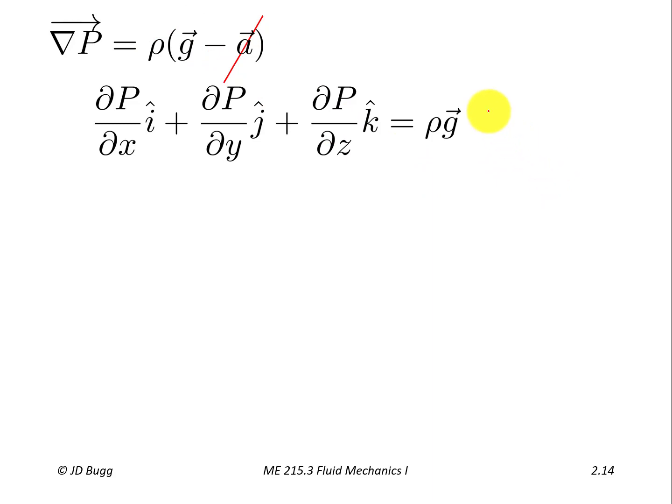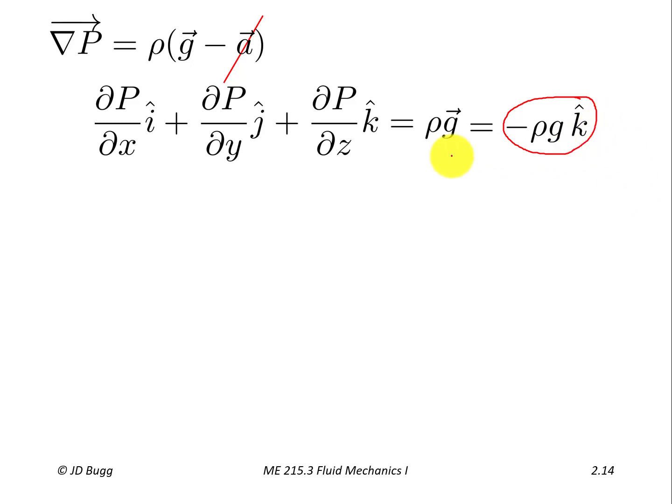Now we want to take our expression for g in the coordinate system that we're working in and put it in there. We can rewrite that as minus rho g k hat. So this is our expression for the pressure gradient in this particular problem.